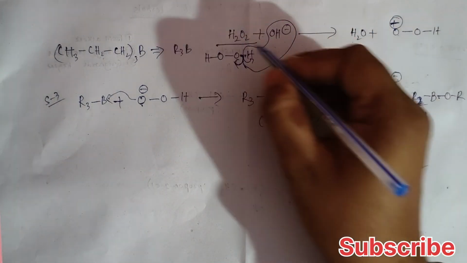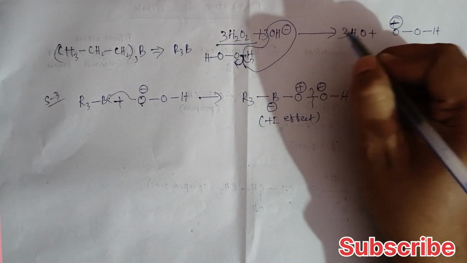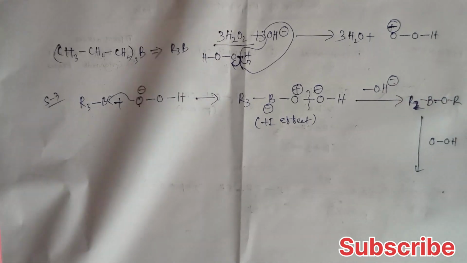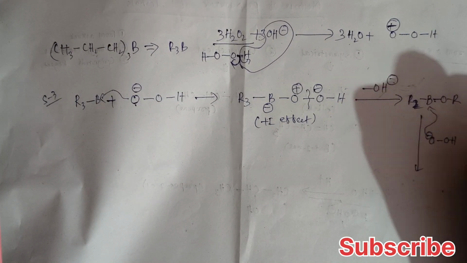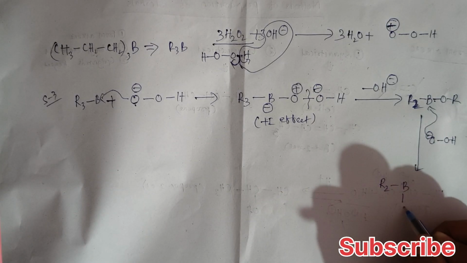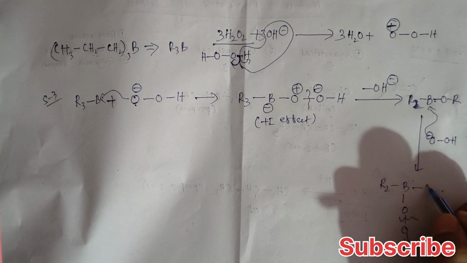If I take 3, then there will be 3 water molecules. Another OOH minus will attack like this. This will attack what? Boron again, and the structure will be like this, B-OOH.